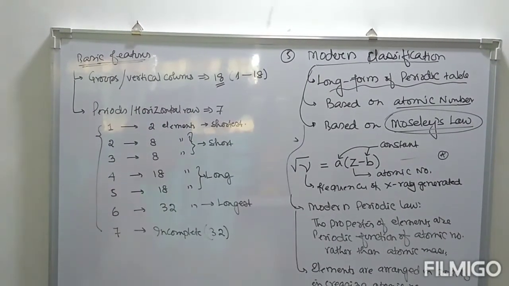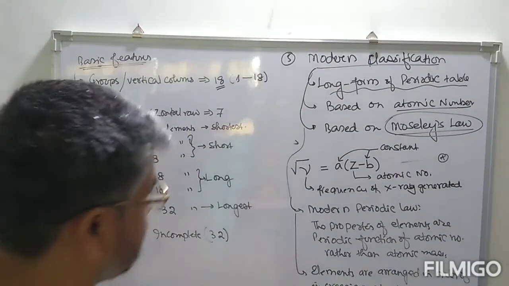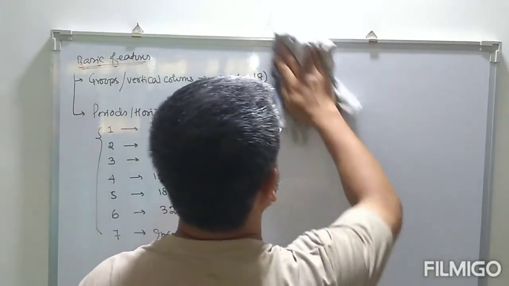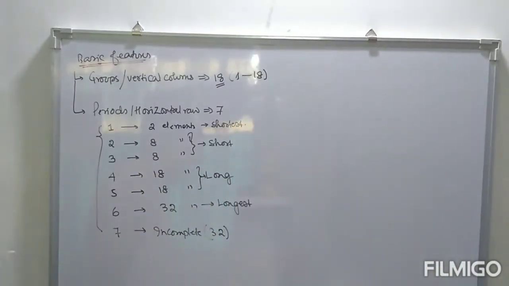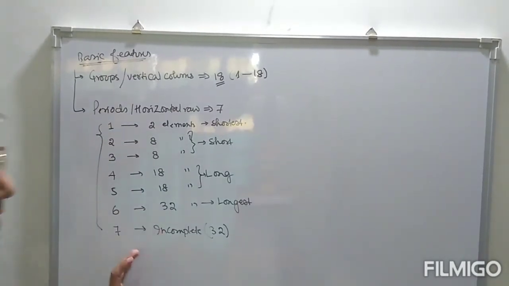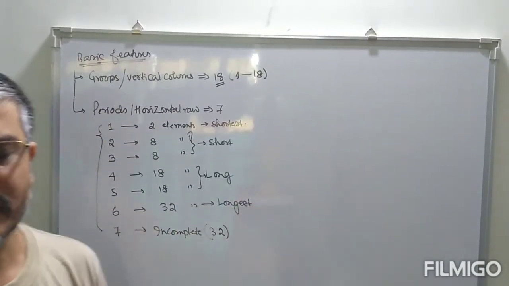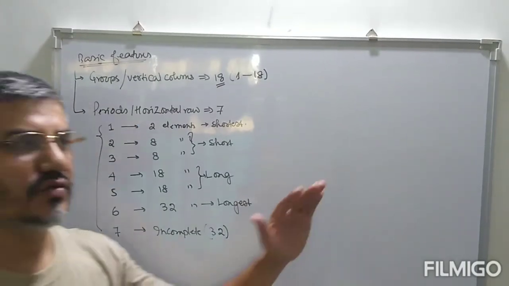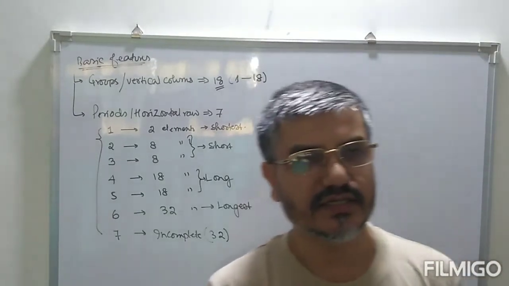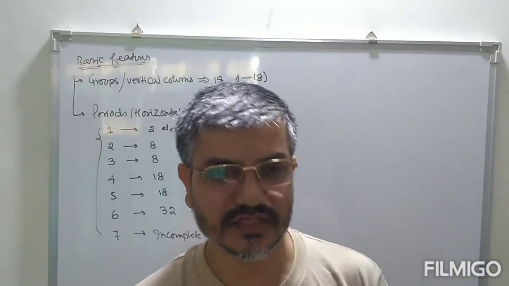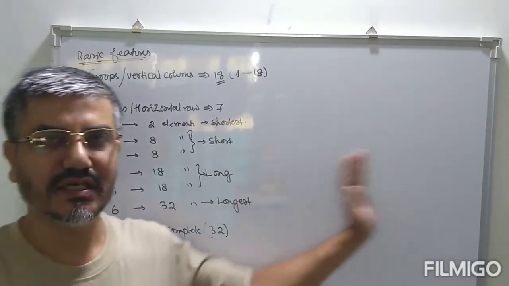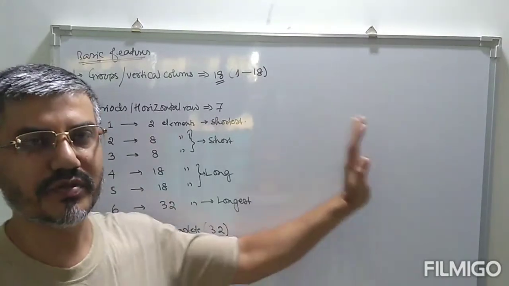So, coming to the advantages of this: while arranging elements in increasing order of atomic number, the discrepancies observed in Mendeleev's case, like some elements having higher atomic mass coming before elements with lower atomic mass, do not exist in the modern periodic table.